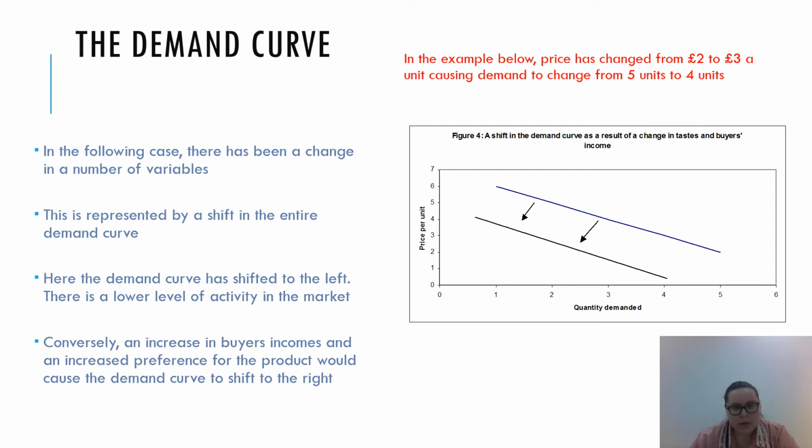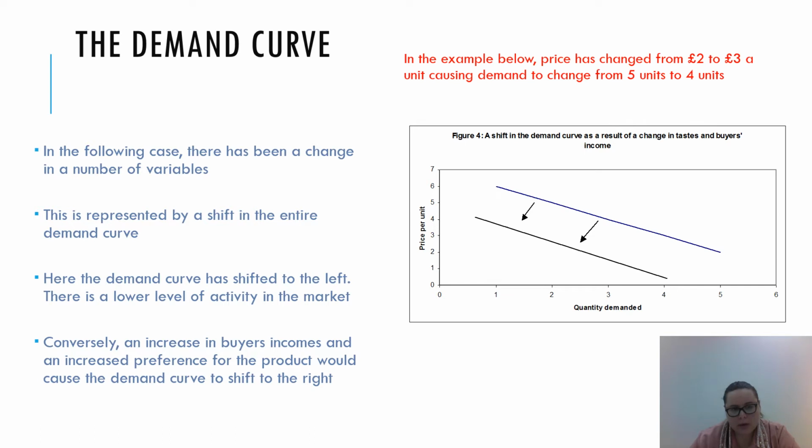In this case, we also see that there have been changes for lots of variables, and that actually shifted the entire demand curve from 5 to 4. So the demand curve shifted to the left.